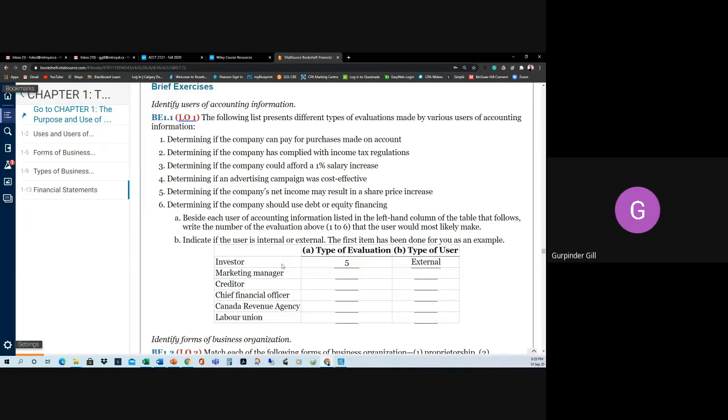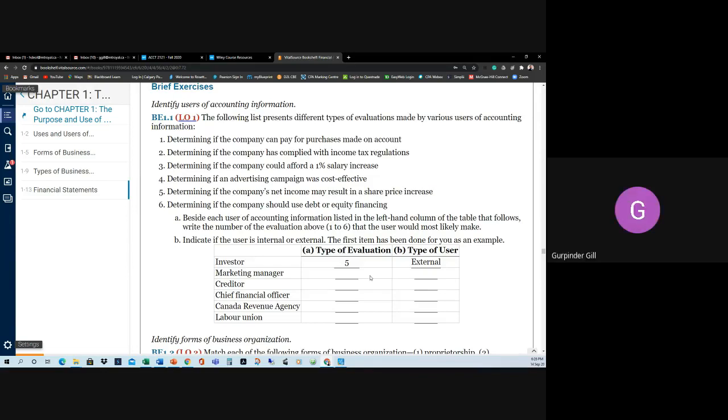So we have the investor, which was given to us, which is number 5, trying to determine if the company's net income may result in a share price increase. So we are left with marketing manager, creditor, CFO, Canada Revenue Agency, and labor union. So who would want to determine if the company can pay for purchases made on account? That will be your creditor.